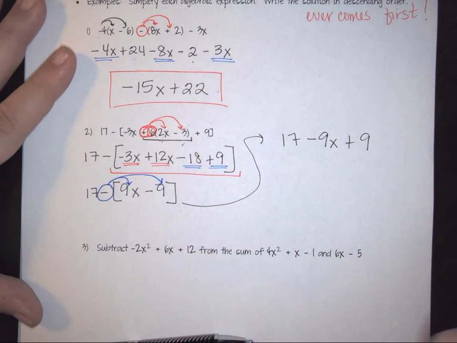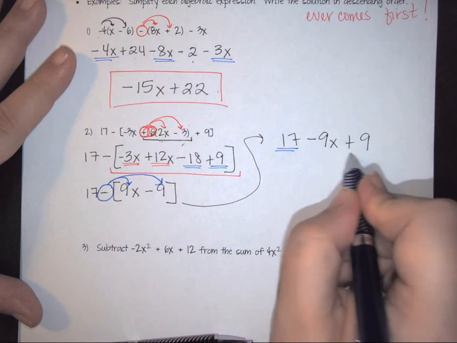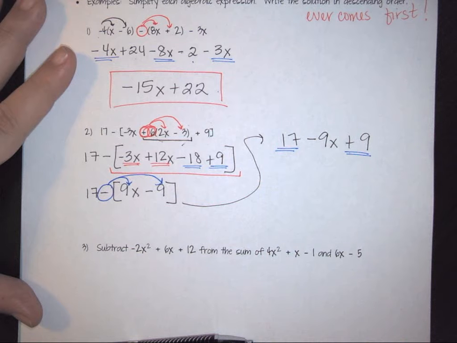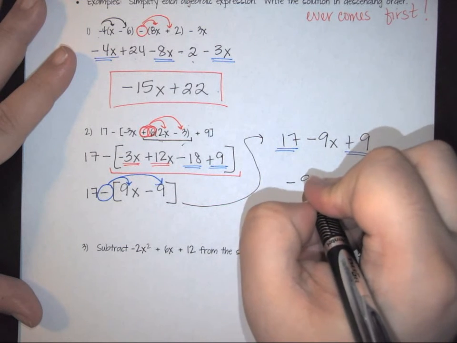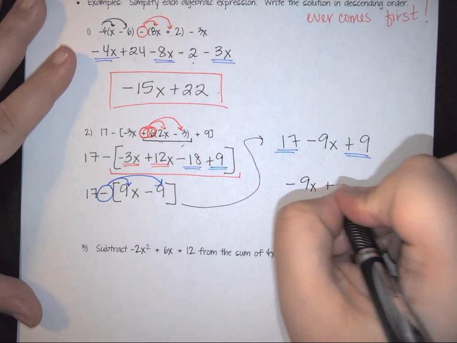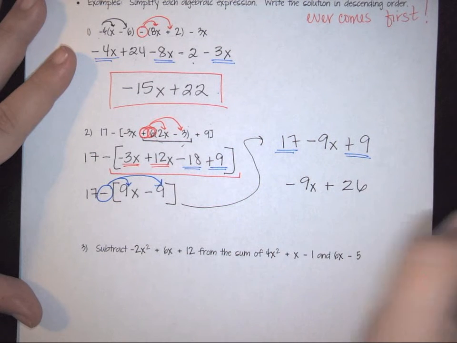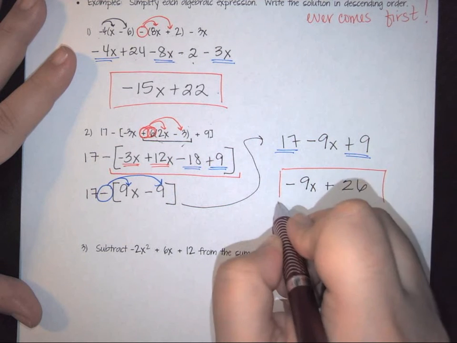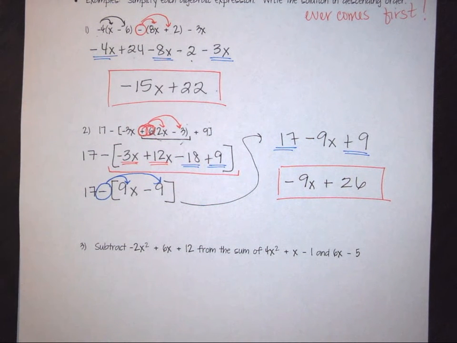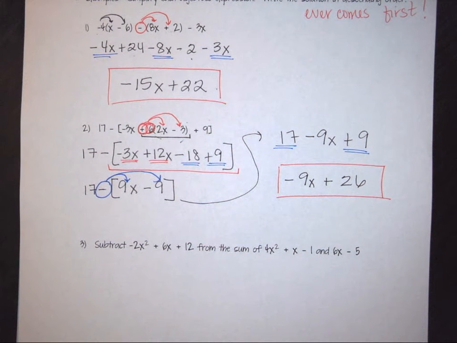The last thing I need to do is still combine my terms, and I've got these two constants here. So overall, this becomes negative 9x plus 26. I've combined all my terms, I'm written in proper order, and so there is my simplified polynomial.